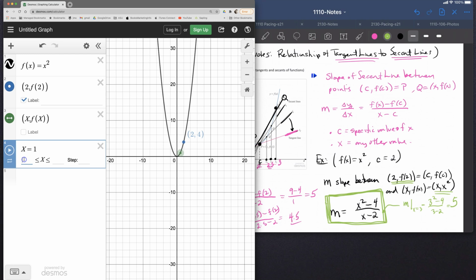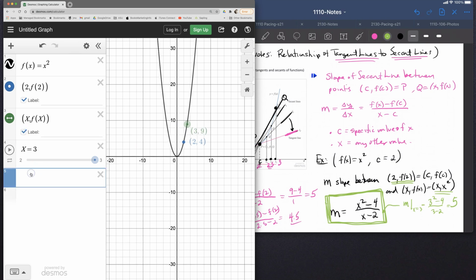X goes from, let's say, 2 to 3. And then let's make Desmos include a variety of values that differ by 0.1. So here is the value of 3, another point Q, and maybe we should add a label for that one, 3, 9.